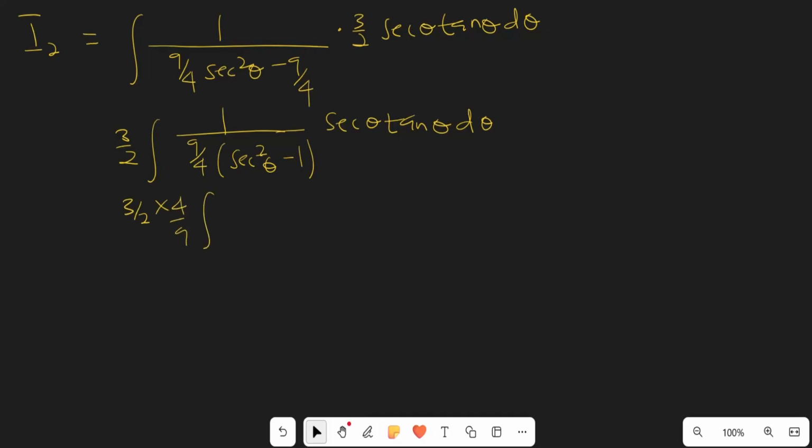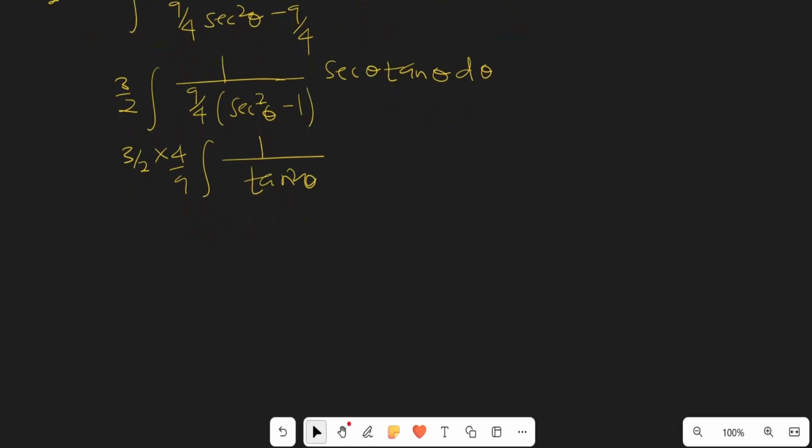It moves out of the integral sign. So 1 all over secant squared theta minus 1 is tangent squared theta, times secant theta tangent theta d theta.